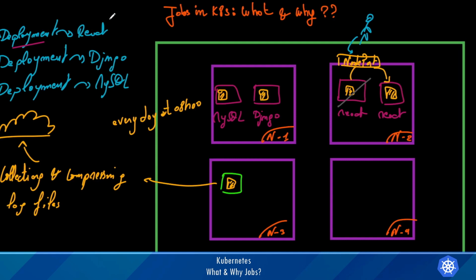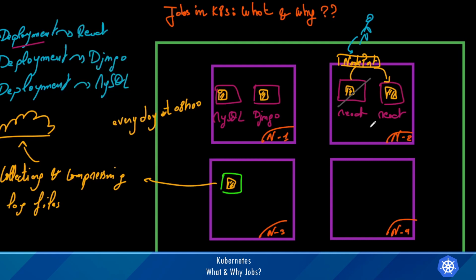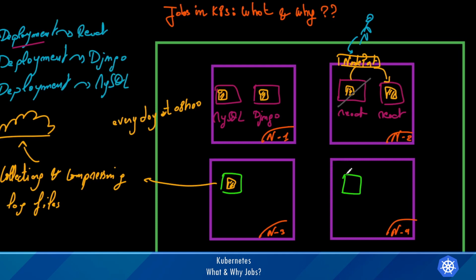Okay. In some other cases, we want to deploy an application just for doing one thing in the cluster, and then we don't need this application anymore. So we deploy this app just to do something only one time.